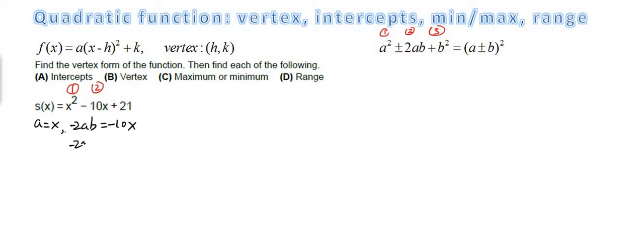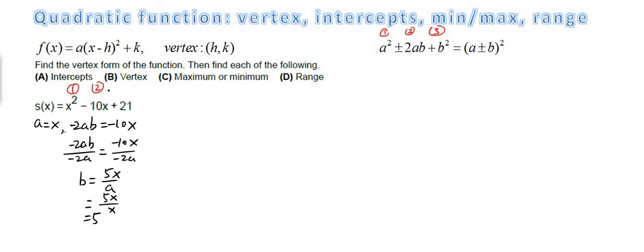We divide by negative 2a on both sides, and we can cancel out. b equals 5x over a. And we know a equals x, so we cancel out, and that equals 5. We find b equals 5.